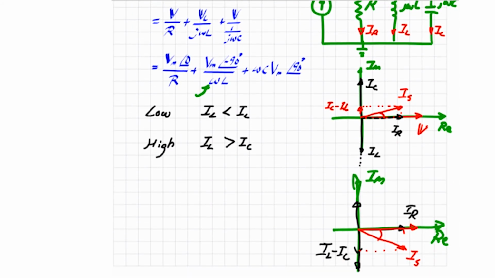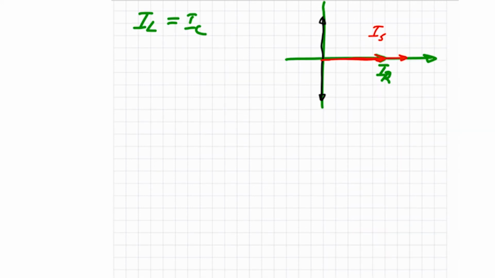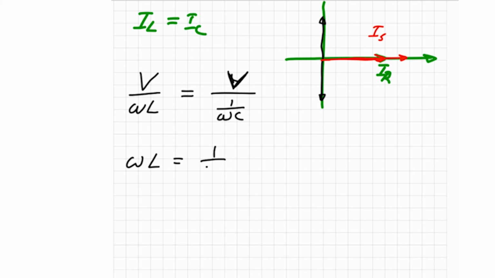You can see the V divided by omega L, that current is equal to the voltage divided by 1 over omega C. So you can see omega L has to be equal to 1 over omega C, and that is when the two currents are equal.